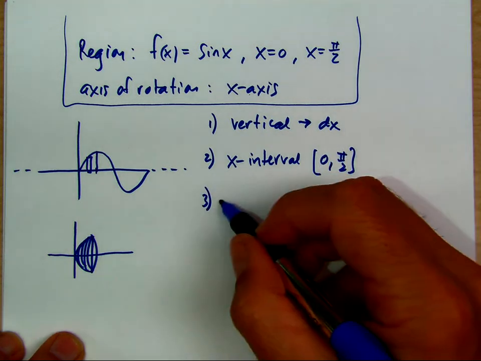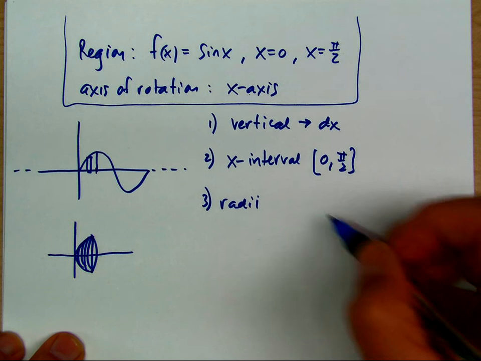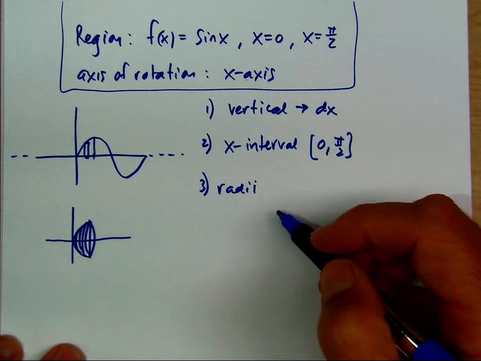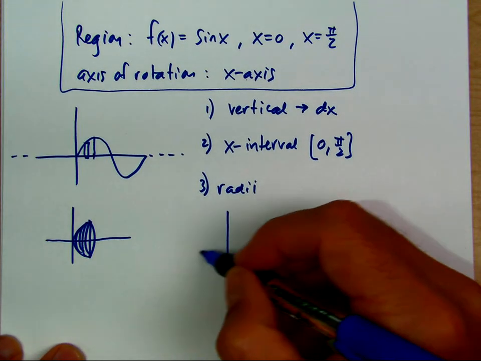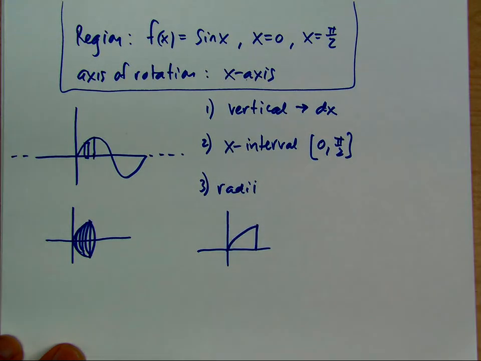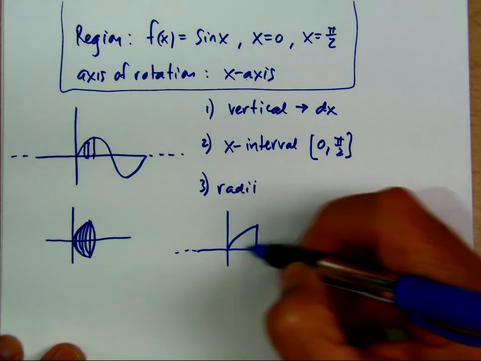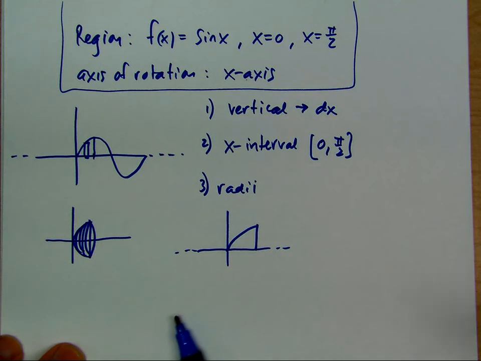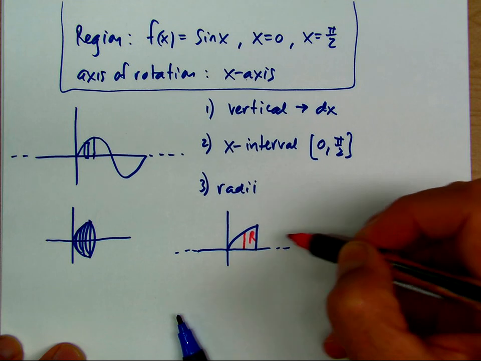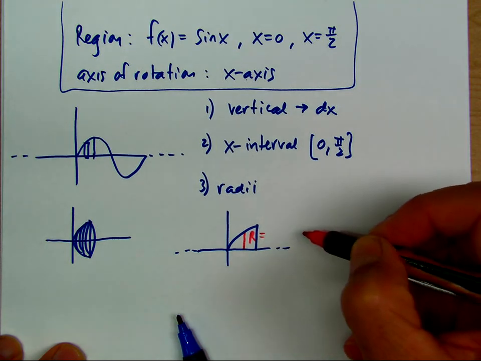Let's find the radii. Here it'll just be a radius because the region touches the axis. So we have the region and the axis. The big radius goes from the axis to the furthest part of the region, so that's big R. And big R is going to be top minus bottom.